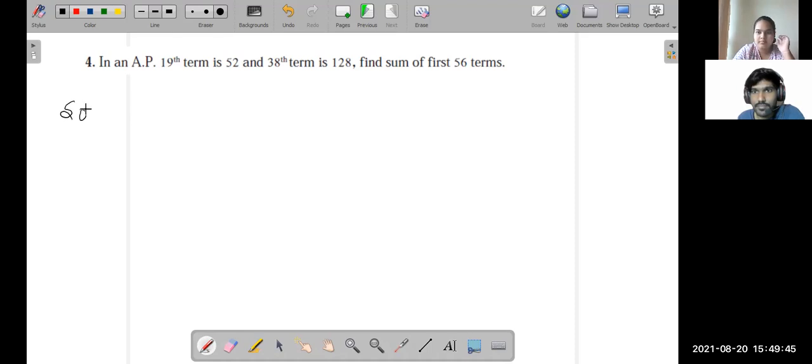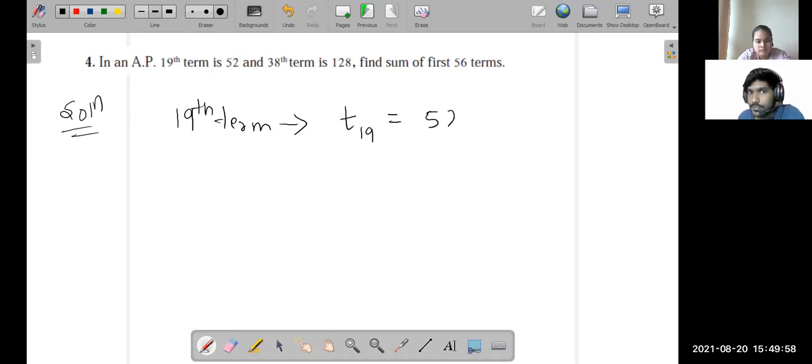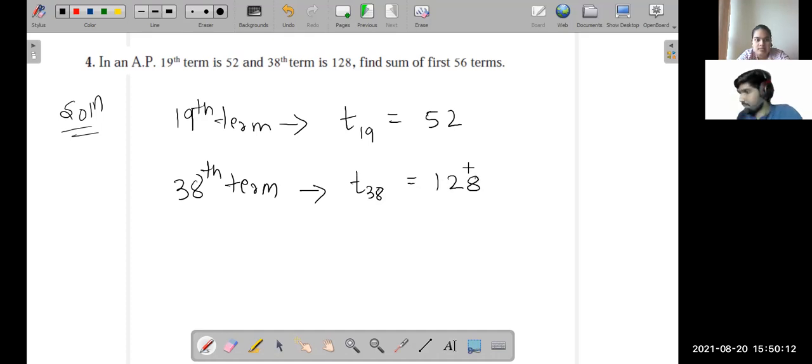The 19th term is given, T19, which is 52. And the 38th term is T38, which is also given, that is 128.